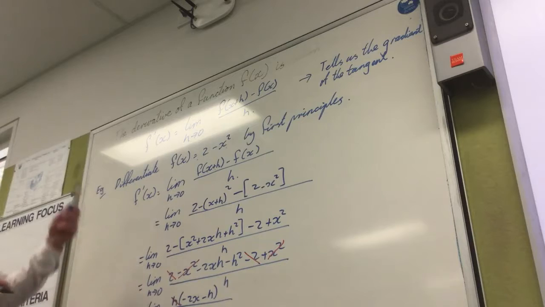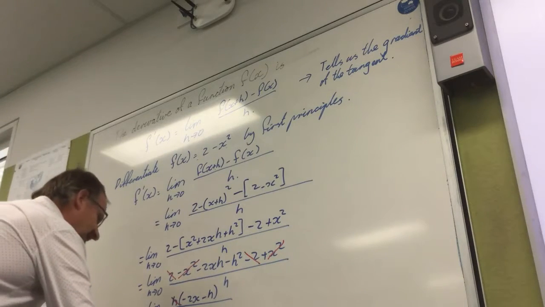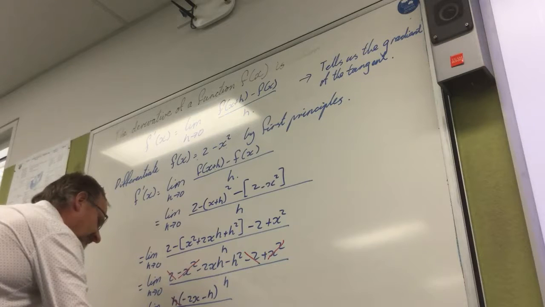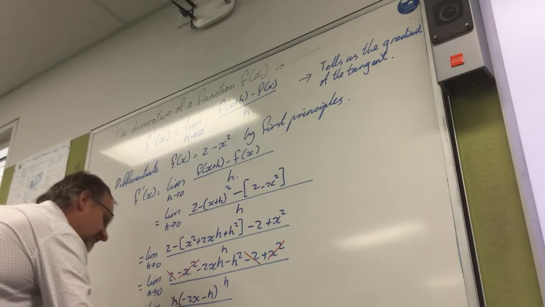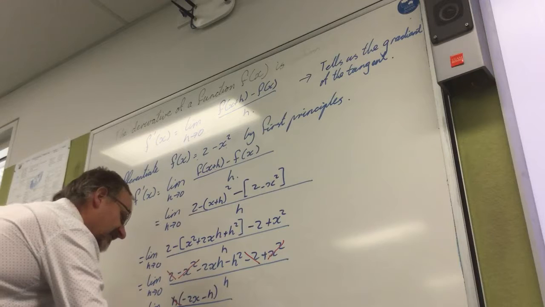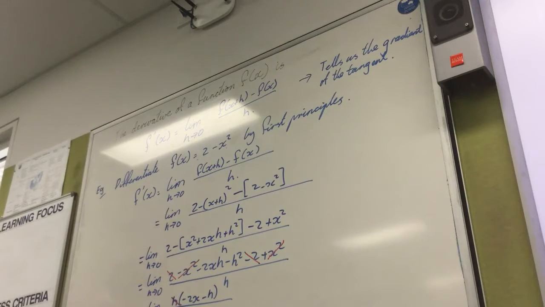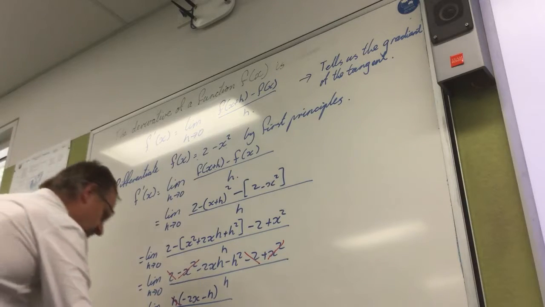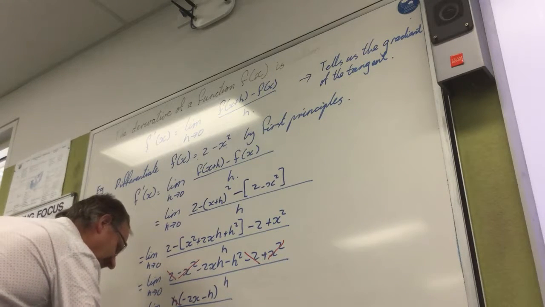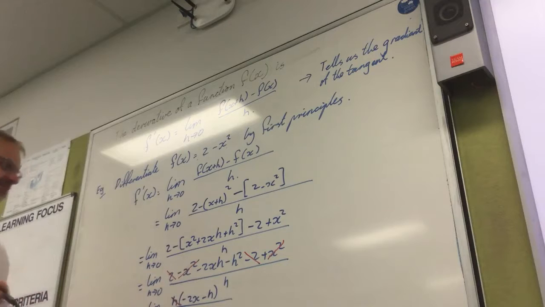Well, it's a different function. All right, so the limit as h tends to 0 of minus 2x minus h. When h is 0, what are we left with? Negative 2x. All right, so that's the differentiation by first principles.